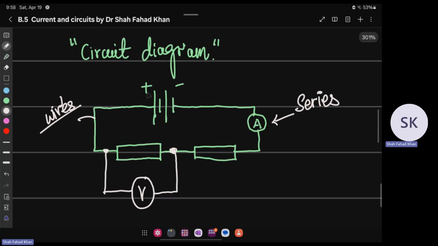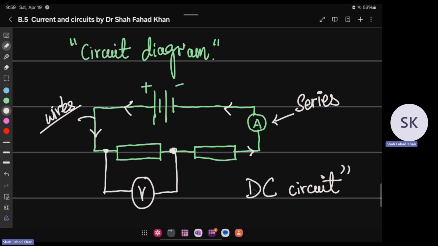Now, in this form of circuit diagram, always remember that conventional current flows from the positive terminal towards the negative terminal of the battery. A circuit in which current flows in only one direction is called a DC circuit.